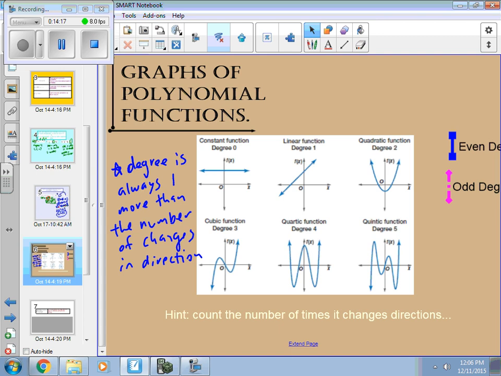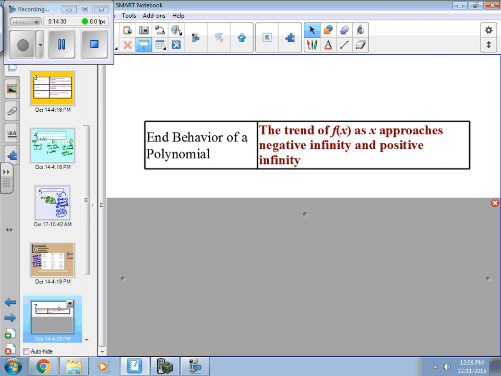All right, some other things. What we look at is what the ends of the graph are doing. The ends of the graph are what we call the end behavior. We'll come back to this in a second, but the end behavior of a polynomial, and there's room to write this on your note sheet, is the trend of f of x.